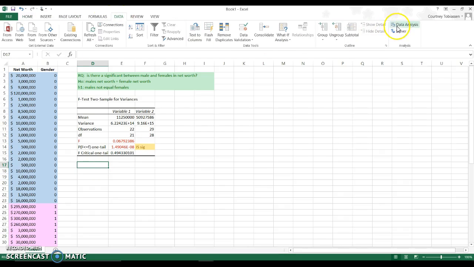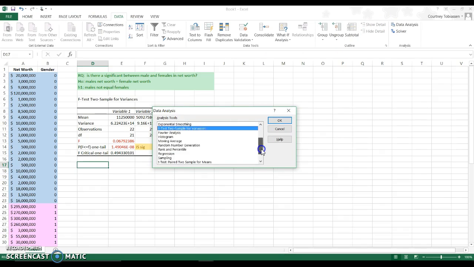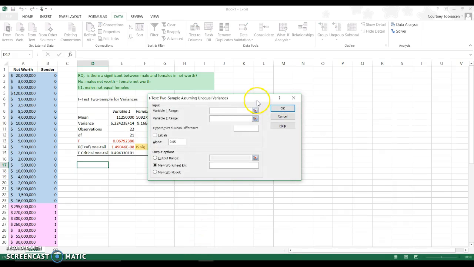So back to data analysis. This time I'm going to scroll all the way down and check out all my t-tests. I could do a paired sample, which would be for a dependent pre-post, which is not the case here. I have two sample assuming equal and two sample assuming unequal. We said we were going to do unequal.